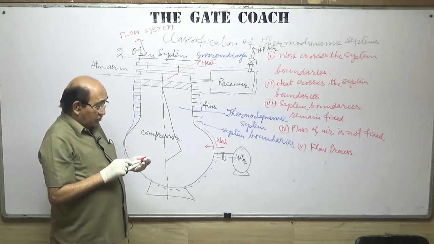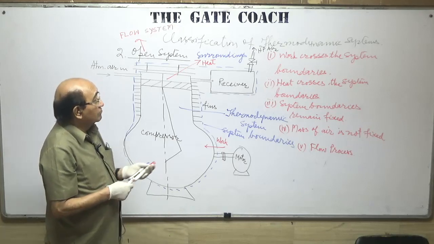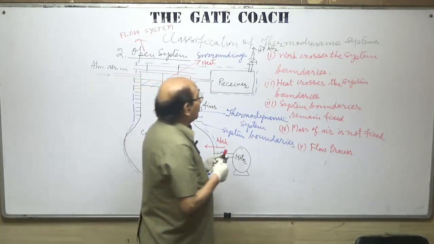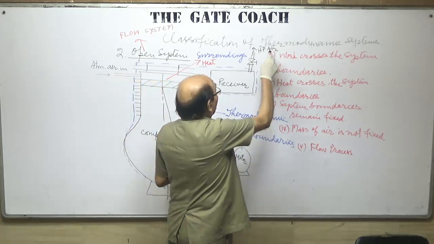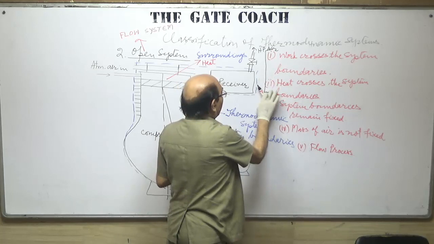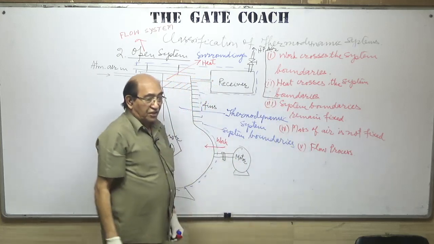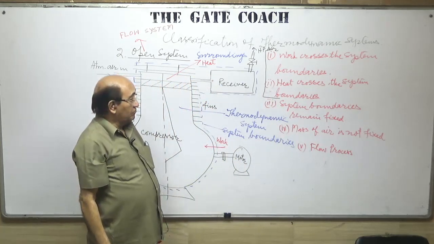Now let us try to compare the two systems which we have talked about. In both the systems, heat and work could cross the boundaries of the system. They are the points of similarities.